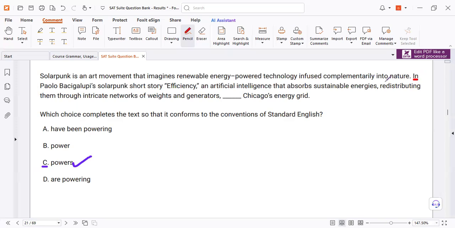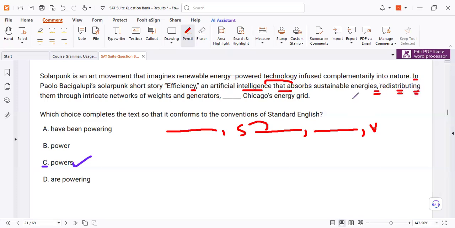In here, there is a prepositional phrase. So the sentence starts with a phrase, comma, then the start. Artificial intelligence that absorbs: subject, that absorbs sustainable energies, comma, distributing, so you need a verb. So clause, comma, non-essential, comma, verb. It can be correct, a relative clause here, and then non-essential information using a present participle phrase.